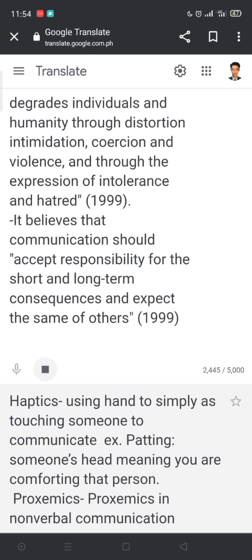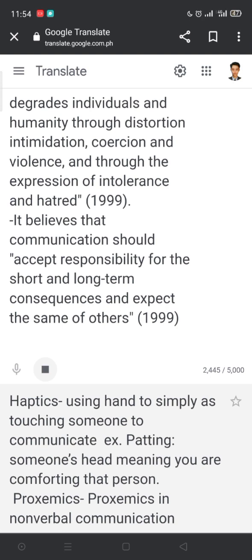It advocates truthfulness, accuracy, honesty, and reason as essential to the integrity of communication. National Communication Association: it endorses freedom of expression, diversity of perspective, and tolerance of dissent to achieve the informed and responsible decision-making fundamental to a civil society.